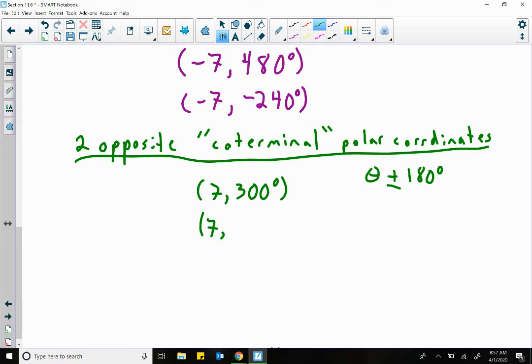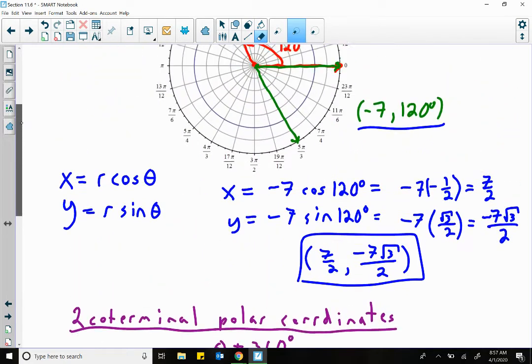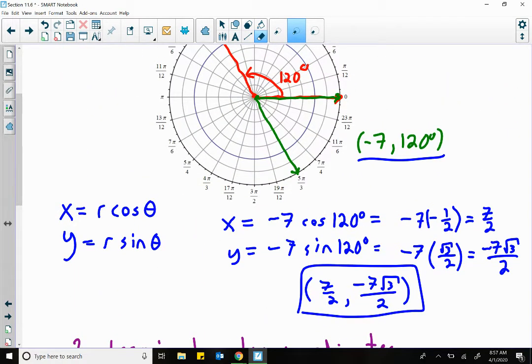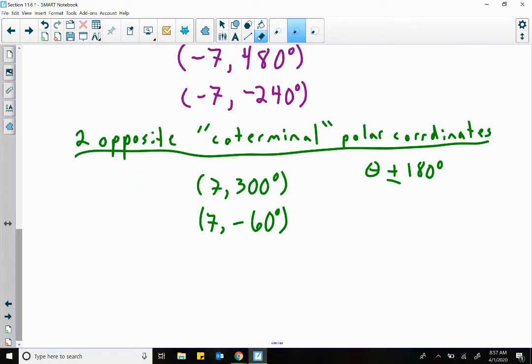Or 120 minus 180 gives us -60 degrees. So there are 4 ways of coming up with other polar angles that would match up, okay, to my green angle that's up there. And some of them are going to ask for those kind of angles, okay? And again, if it's in radians, instead of adding or subtracting 180, it'd be pi.